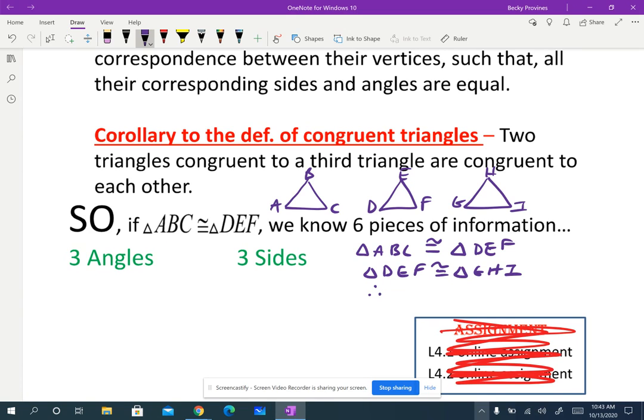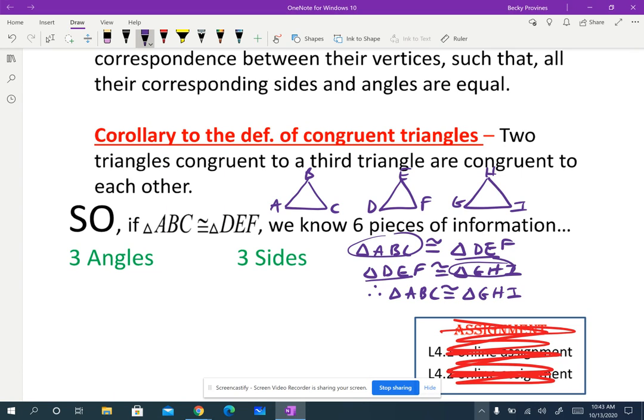Therefore, because remember the three dots mean therefore, we know that triangle ABC is really congruent to triangle GHI. All right, so as you can see, it's kind of like substitution because they both have DEF in common, and your final result is the first and the last triangle.